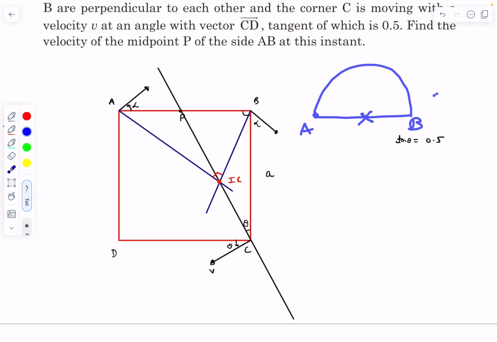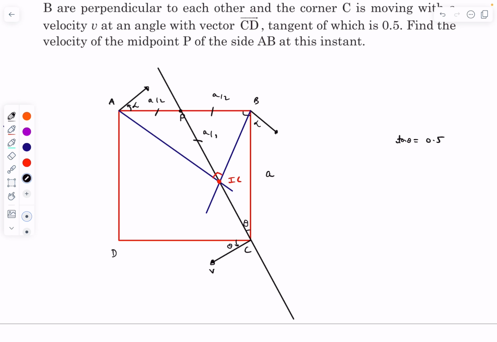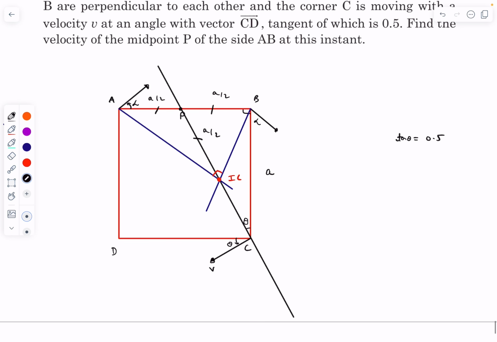If you draw two lines from A to any arbitrary point and from B to the same point, the angle intercepted will be 90 degrees, right? So what that means is these lengths PIC, PB, and PA are all equal to the radius of the circle, and all these lengths are A by 2. So this length PIC is also A by 2.